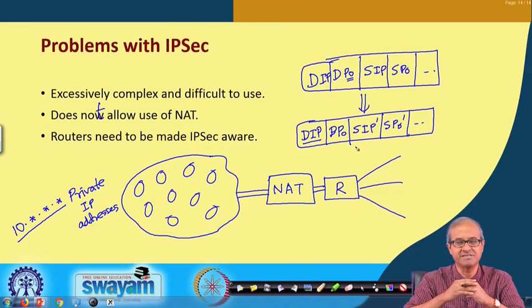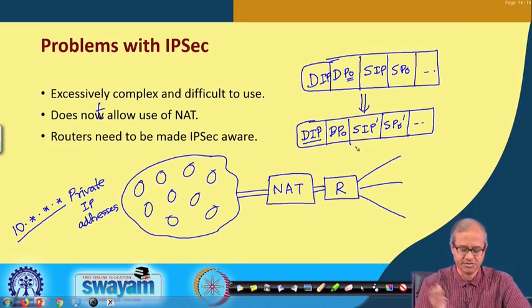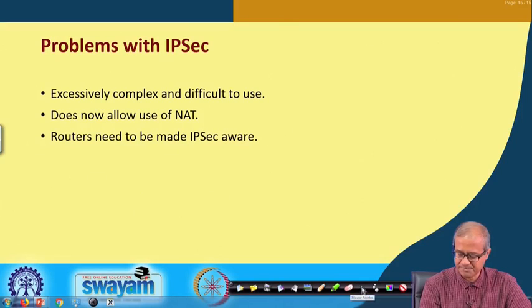So, that uniqueness is maintained in terms of IP address and port number. This is done automatically by the NAT on the fly, so that whatever packet goes to the outside world goes with a public IP address and a unique source port number. Okay. That is what NAT does.